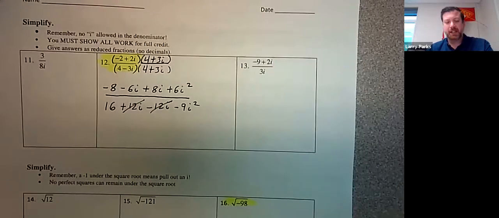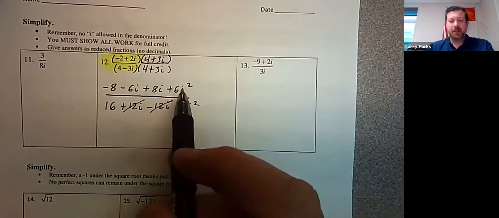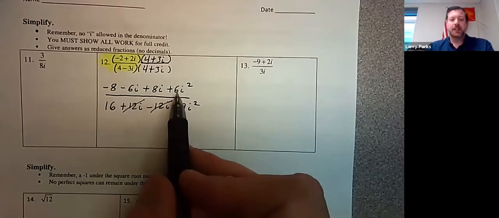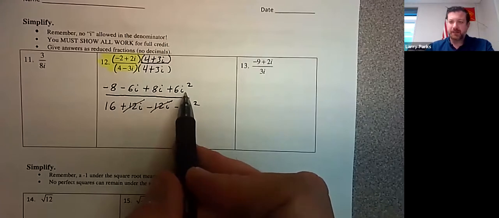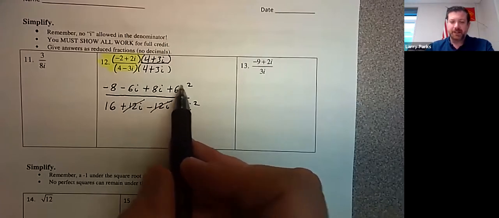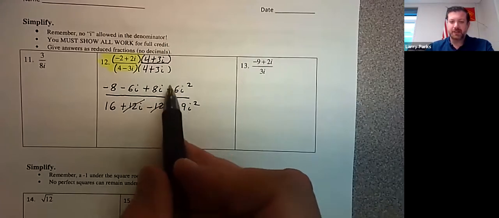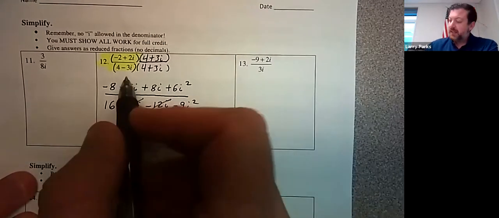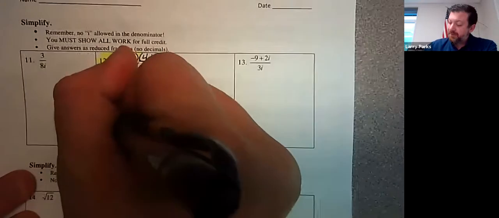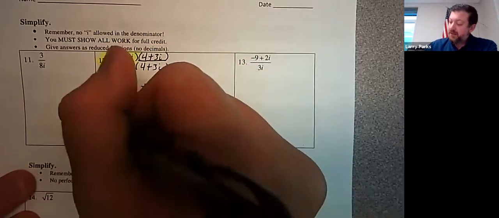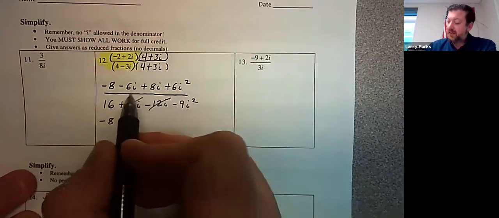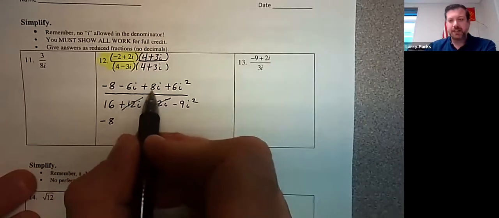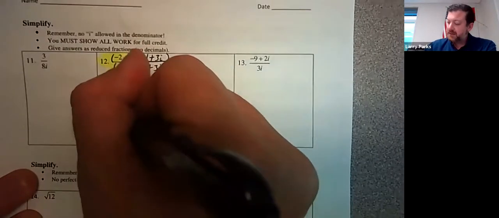From there, combining like terms, and I'm going to do a couple steps in one. This is 6 times negative 1, so this will be negative 6. So I'll do negative 8. And then I'll go ahead and combine these. Negative 6i plus 8i is 2i.